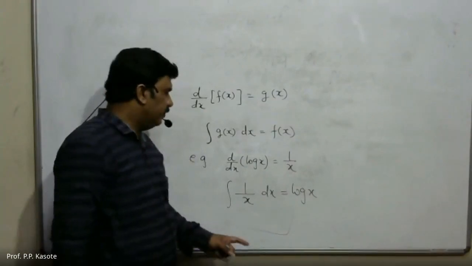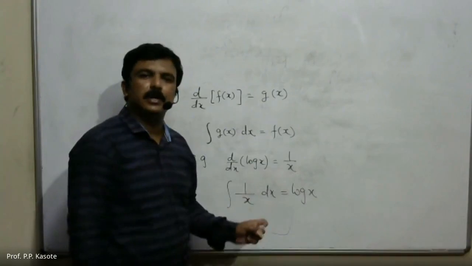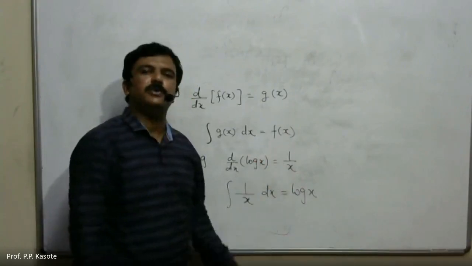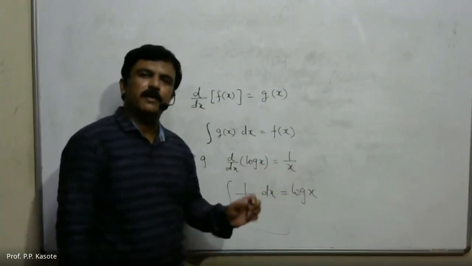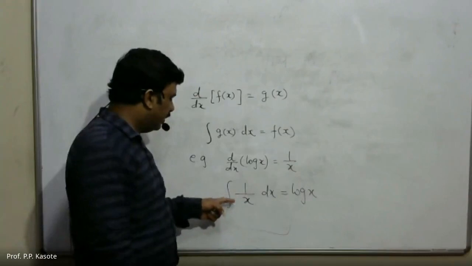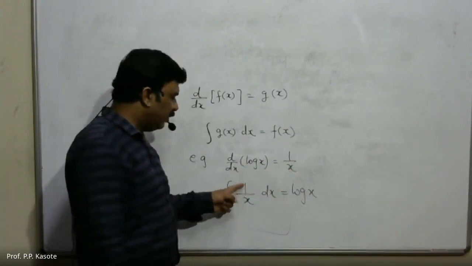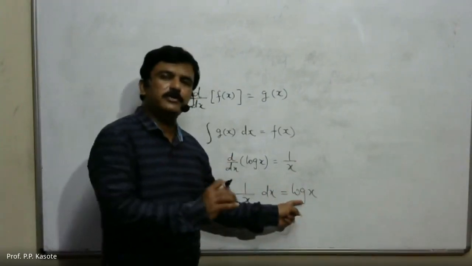Now the question is, what is the derivative of log x plus constant? It is also 1 upon x only. And the derivative of log x is also 1 upon x only. Therefore, assuming that constant, generally, if the derivative of log x is 1 upon x, we write the integral of 1 upon x is equal to log x, but we don't just write log x.